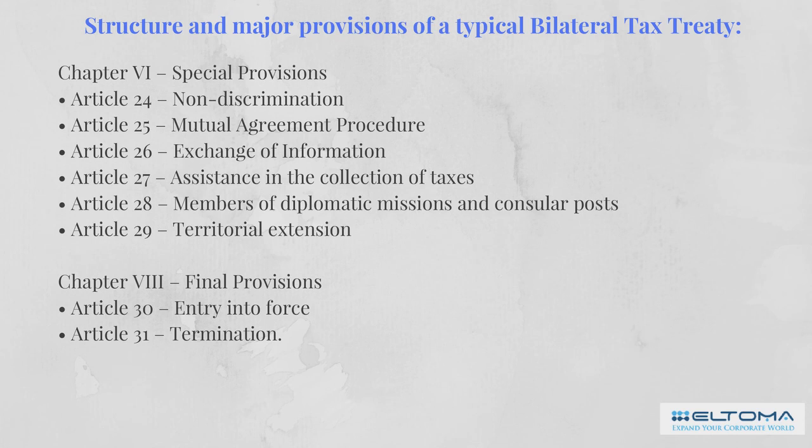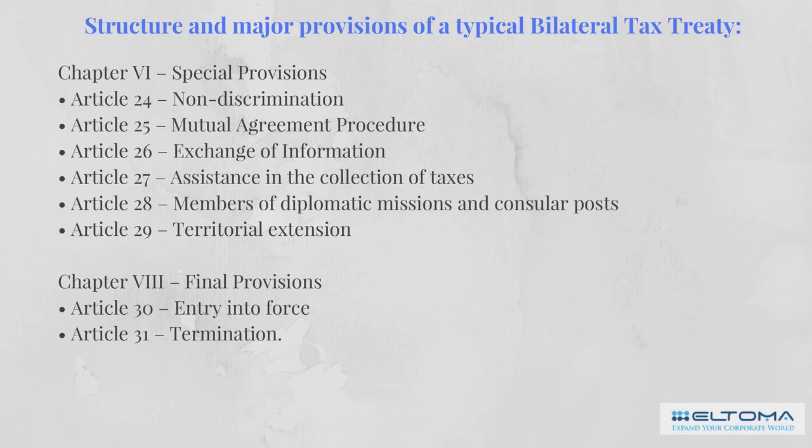Chapter 6 covers special provisions of the bilateral tax treaty. So it provides the non-discrimination provisions, and the mutual agreement procedure when there are some disputes between contracting states. Article 26 provides for the exchange of tax information. Article 27 provides the possibility of assistance in the collection of taxes between contracting states.